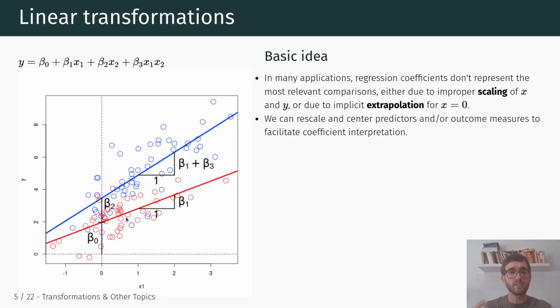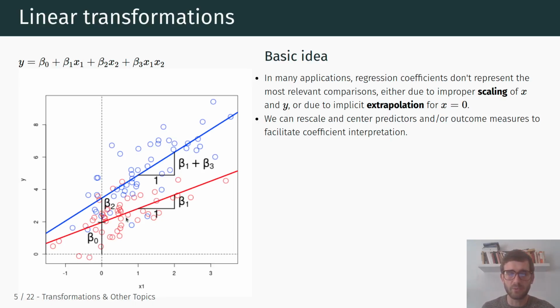So the question is whether x being equal to 0, or x1 being equal to 0, is within the range of reasonable values you would expect, or whether it is an extrapolation far outside the range of values that are actually reasonable.